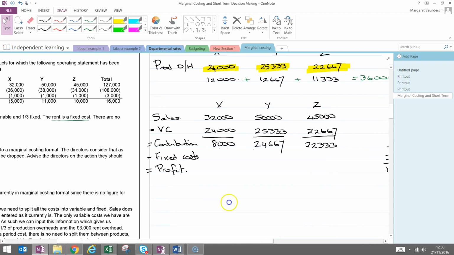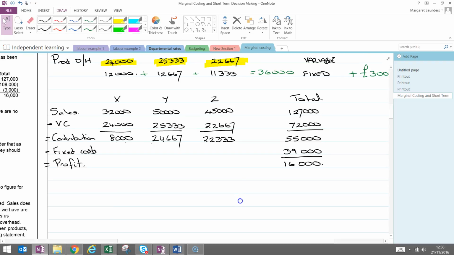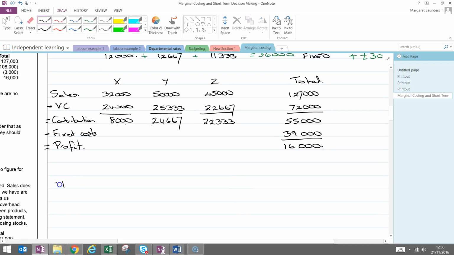However, if we look at our marginal costing statement, product X is making a contribution of £8,000. Now, if we drop product X, we will no longer make that £8,000 contribution.